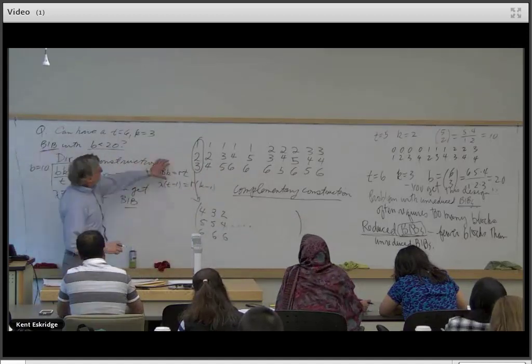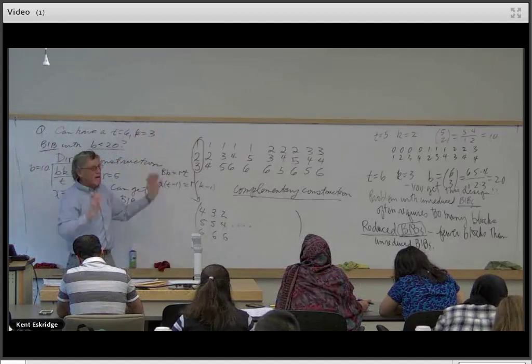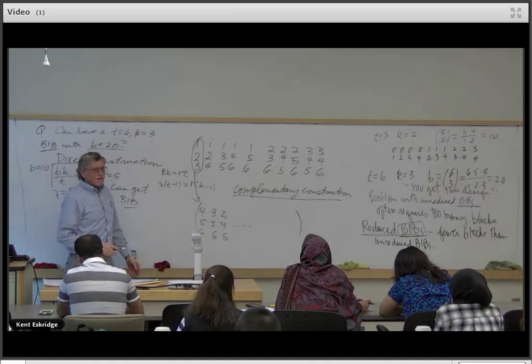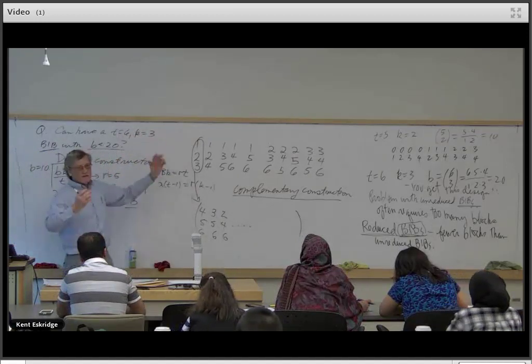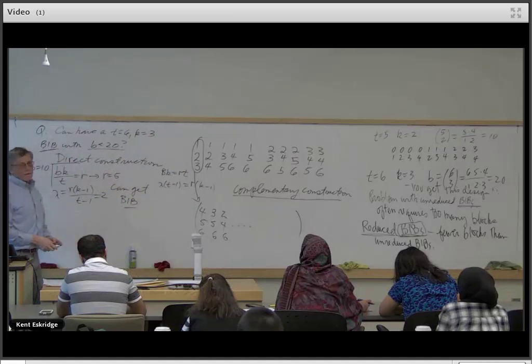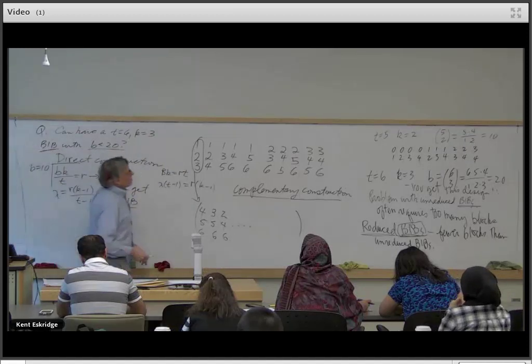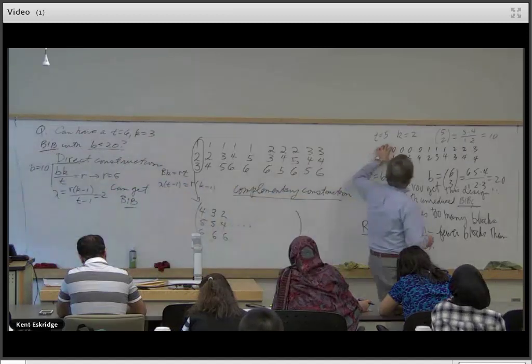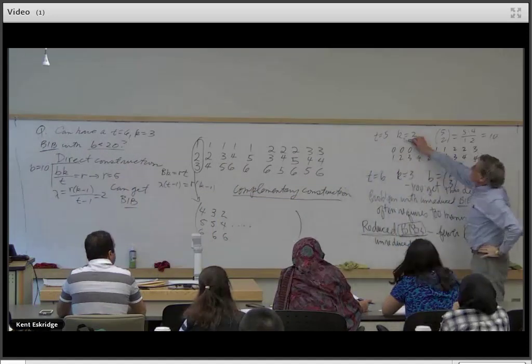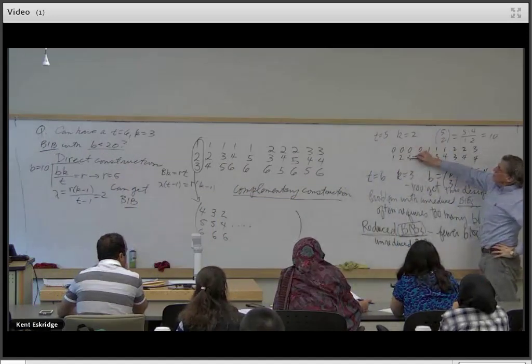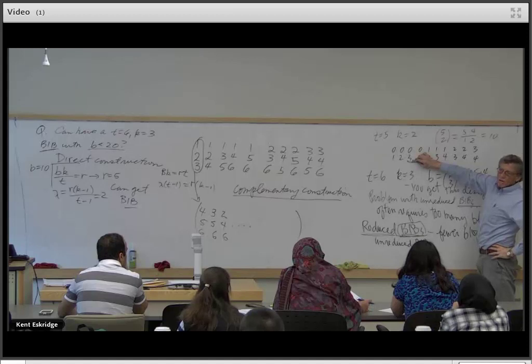So you take every design that you can make, you can get its complement. So you double the number of designs that you can construct now. Look, there's another design. What's K for the complementary design of this one? How many units per block?